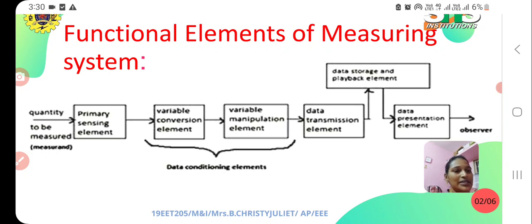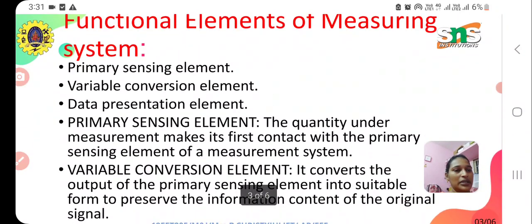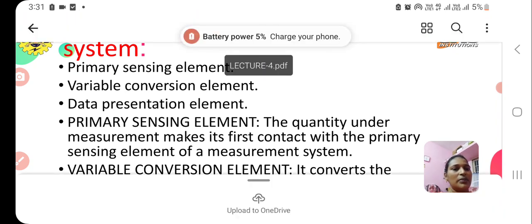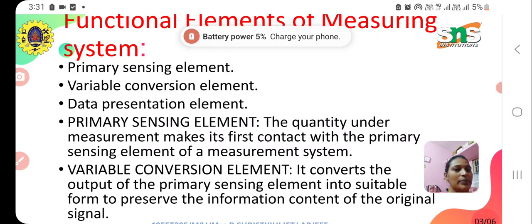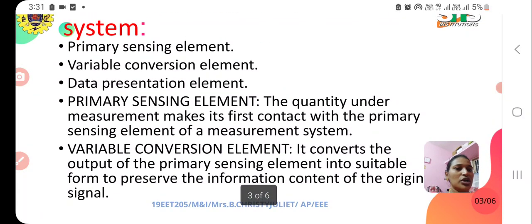What we have discussed now is given in this slide. Basically we have three components in any measuring system: the primary sensing element, the variable conversion element, and the data presentation element. The primary sensing element makes the first contact with the quantity under measurement.